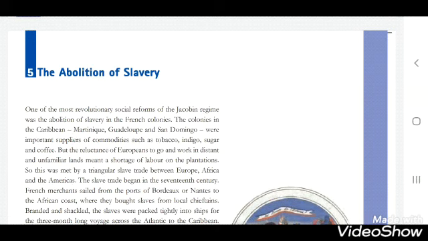So France had colonies like Martinique, Guadeloupe and San Domingo. These were the important colonies which used to supply commodities like tobacco, sugar, indigo and coffee. But during that time, a certain problem arose. What was that problem?